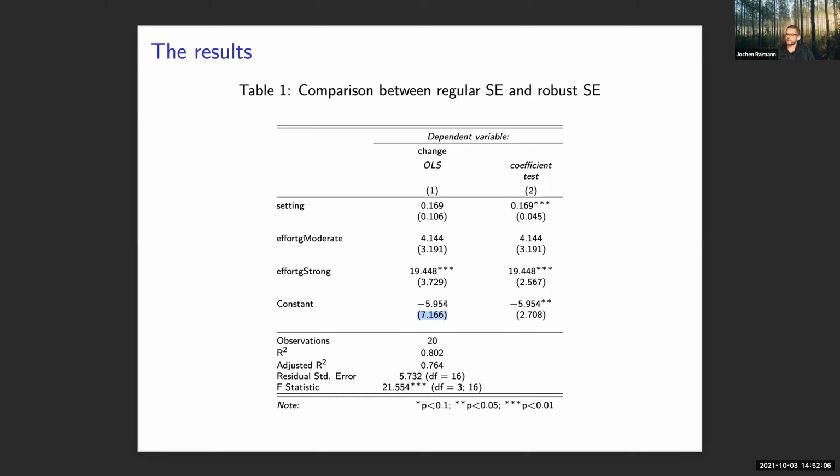And what you see is that while the estimates are comparable, they're actually the same, the standard errors change. So it basically accounts for this non-constant variance and takes it into account. And you see here in the F statistic a significant difference in your estimate.